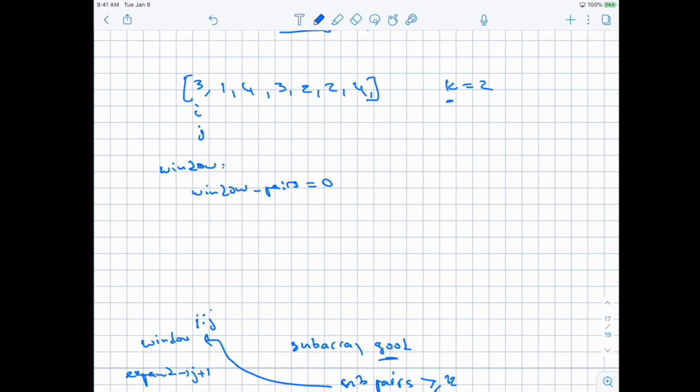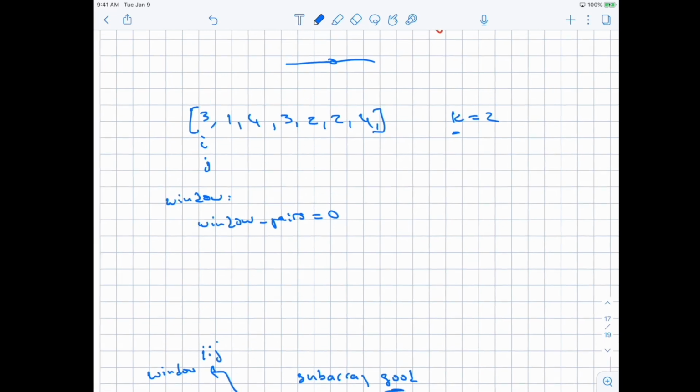Now, how can we tell that we have a pair in this window? Well, we need a counter. We need to know how many 3s we have, how many 1s, how many 4s, how many 2s, so that we can check the ones that have at least a count of 2, right? And so this tells us immediately that we need a counter for our window as well to know how many values we have.